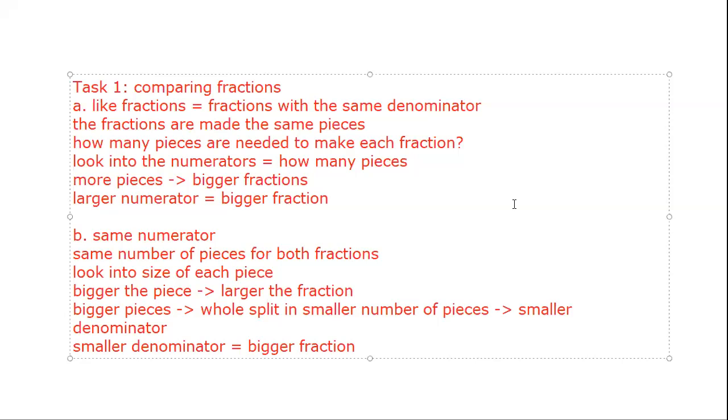I don't think I have. Okay, you can create a similar poster. Basically, if the whole is the same, then the larger the number of pieces you split it into, the smaller the pieces will get, right? So that notion comes in here. Okay, so this was task 1.